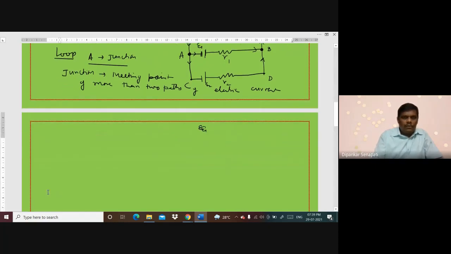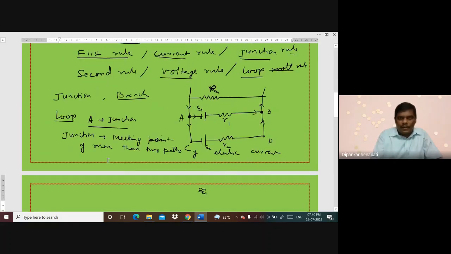And what is a branch? So here we can see that A is a junction, B is a junction, C is not a junction, D is not a junction. Suppose this is E and F. E is one junction, F is also a junction, but C is not a junction. This is a turning only. Any point which is the meeting point of two lines only, we will not call a junction.